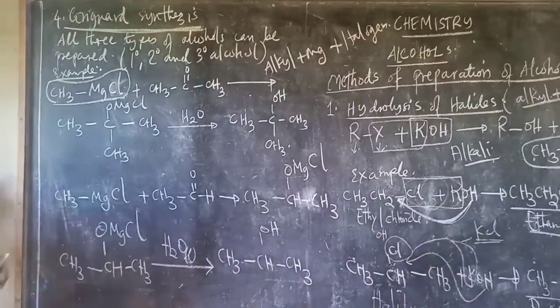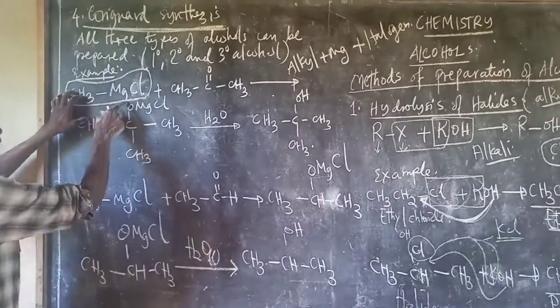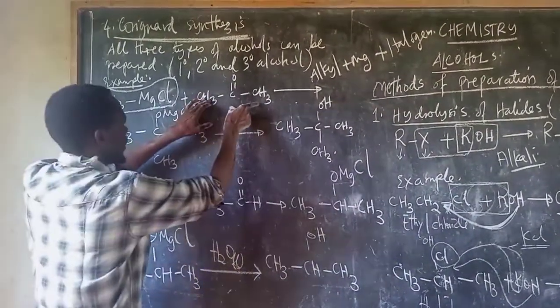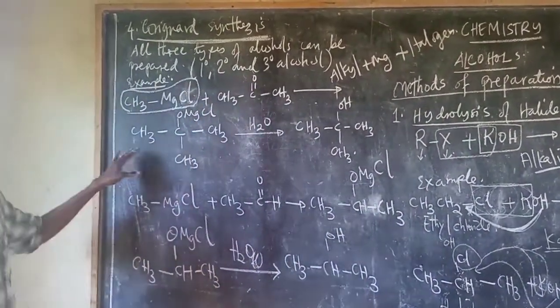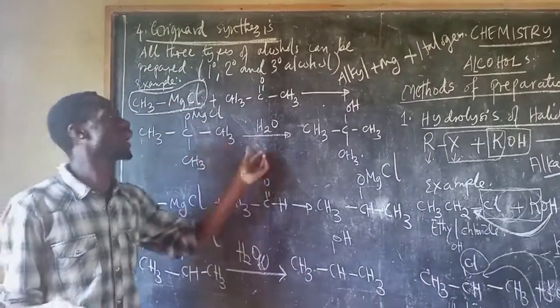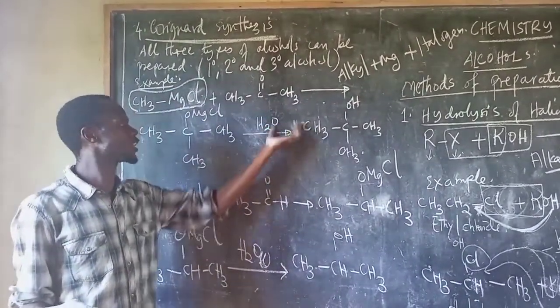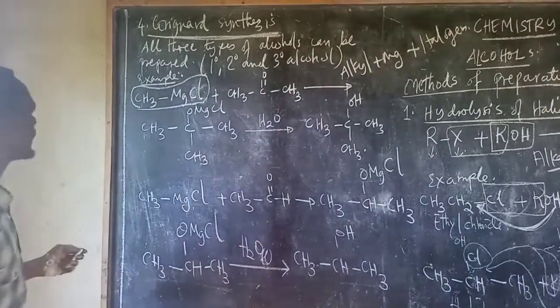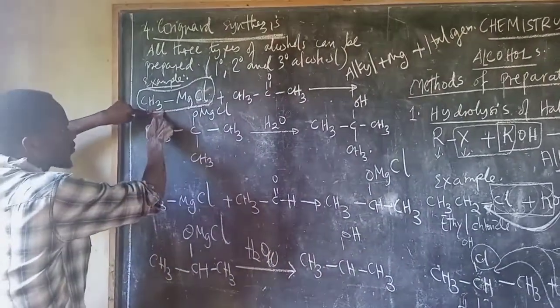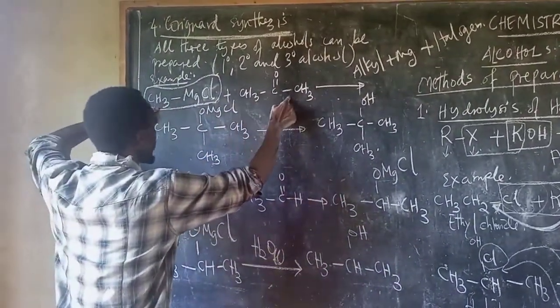Now, once you have taken a Grignard reagent plus a ketone, the alcohol may be formed if it is followed by hydration. Hydration means addition of water. You may see this Grignard reagent added to this ketone.